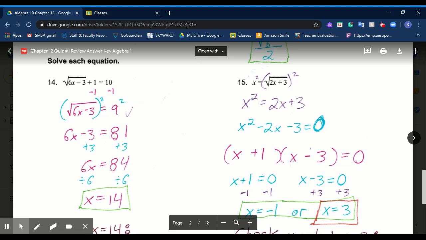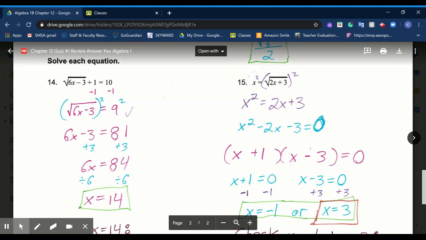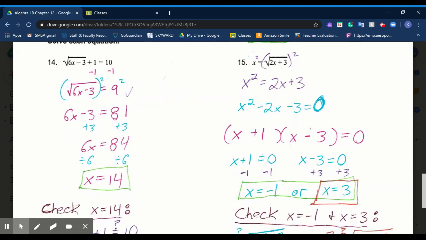So originally to solve, the first thing you want to do is get the radical alone on one side. So on 14, we had to subtract the 1 first, and then we could square each side. Then it became 6x minus 3 equals 81. So add the 3 to each side and divide by 6, and x equals 14.